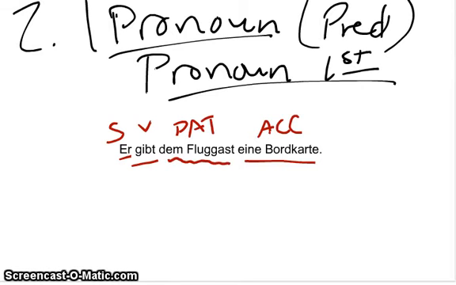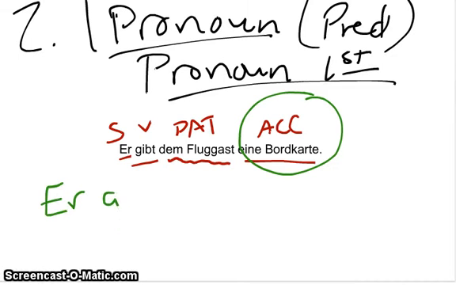Now, what we want to check out here is what happens if we want to replace one of these with a pronoun. Let's go ahead and take a look at this by replacing boarding pass. We can keep our subject and our verb, gibt, and then we need to remember that one pronoun, pronoun first. So we're just replacing boarding pass.